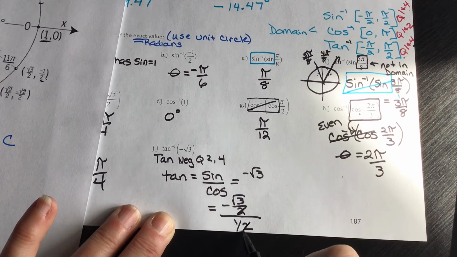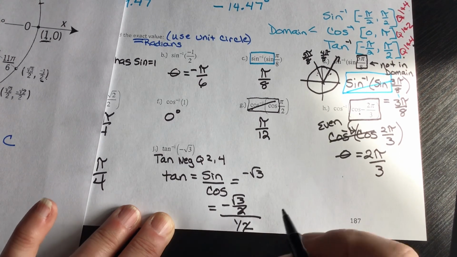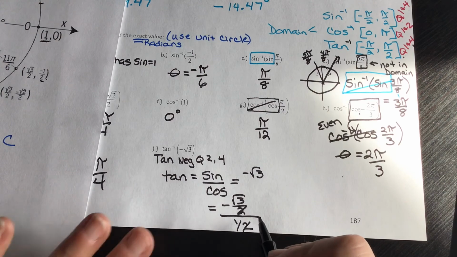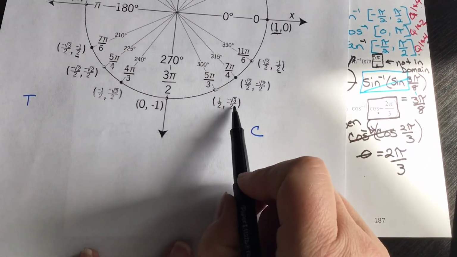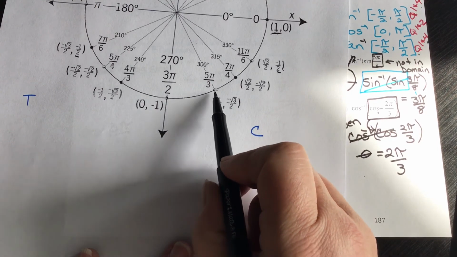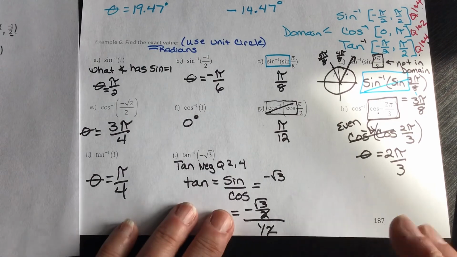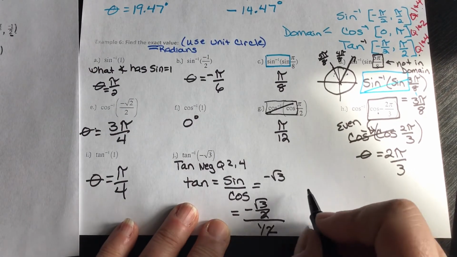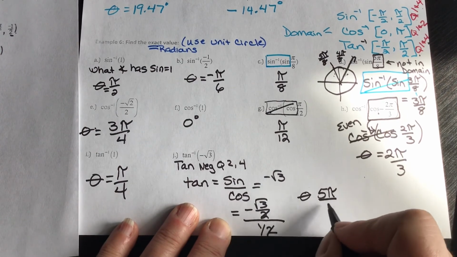And this is going to cancel, just like multiplying by the reciprocal. So this gives me negative square root of 3. So what angle was that? Negative square root of 3 over 2 divided by 1/2 is 5 pi over 3. All right, so my angle is 5 pi over 3.